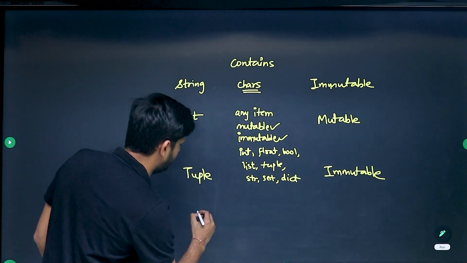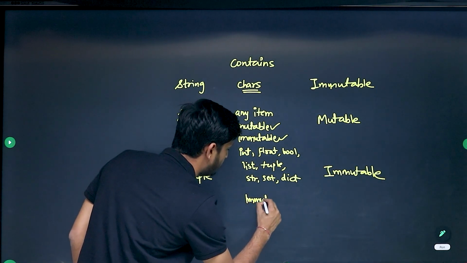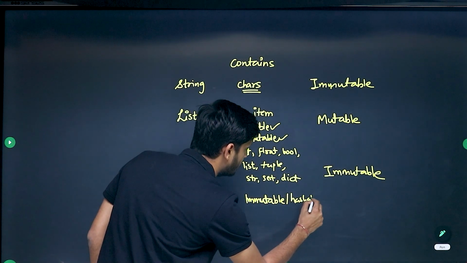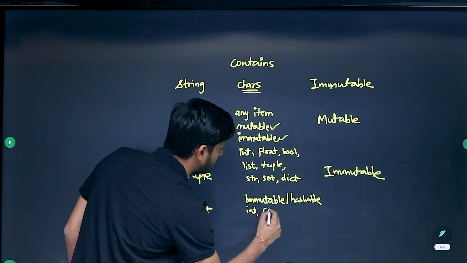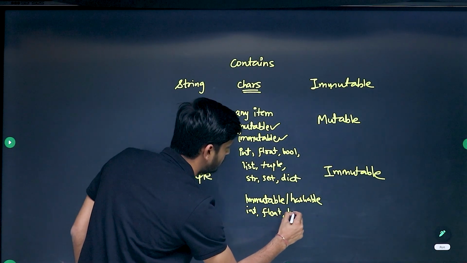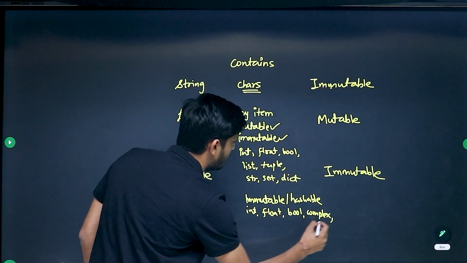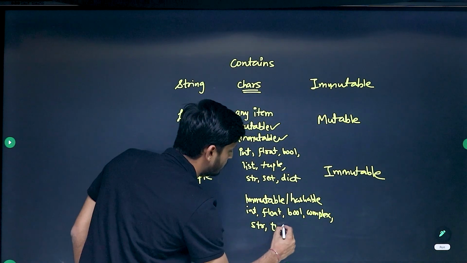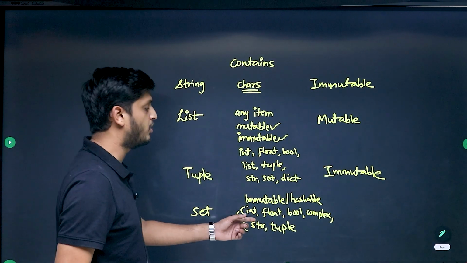So if I write it here, in sets, only immutable items which are hashable are present inside a set, which means integer, float, bool, complex, and string and tuple. Only these are allowed. These are immutable.